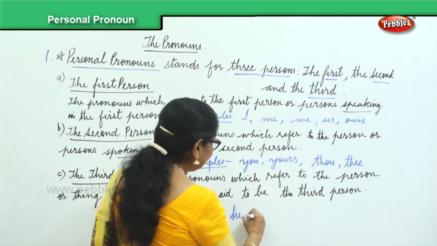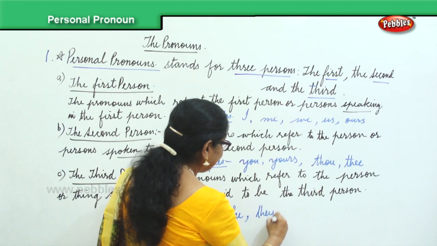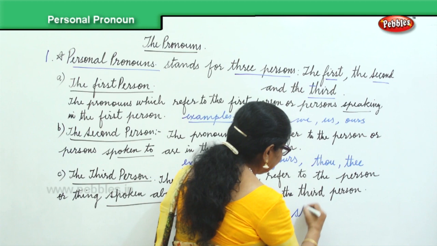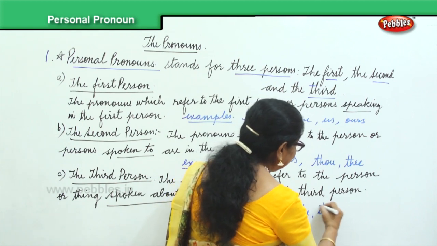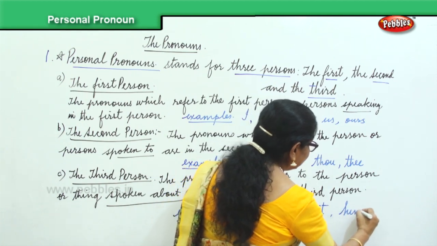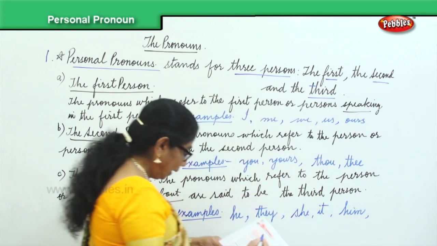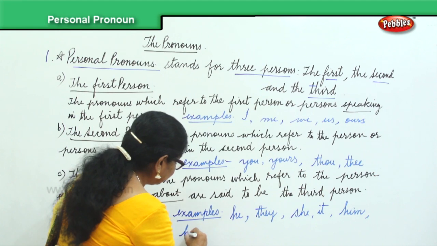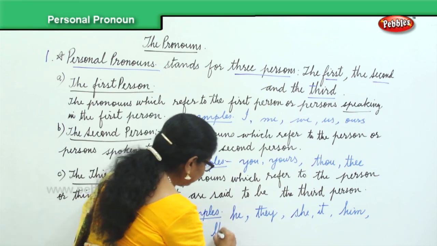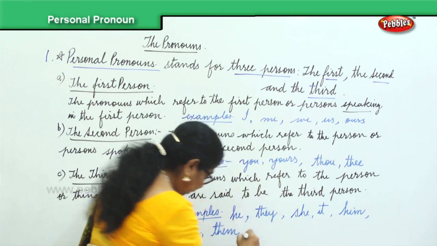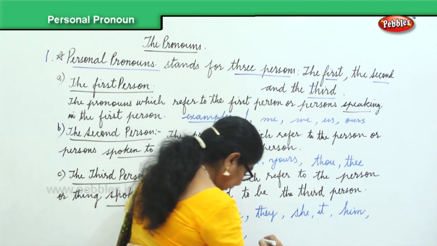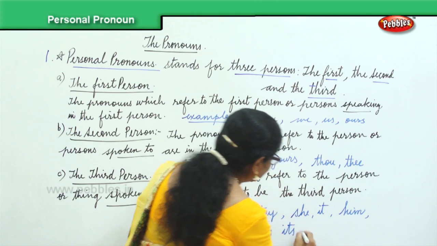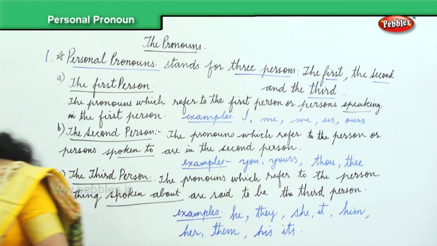He, they, she, it, him, then we have her, them, his, its, and so on.